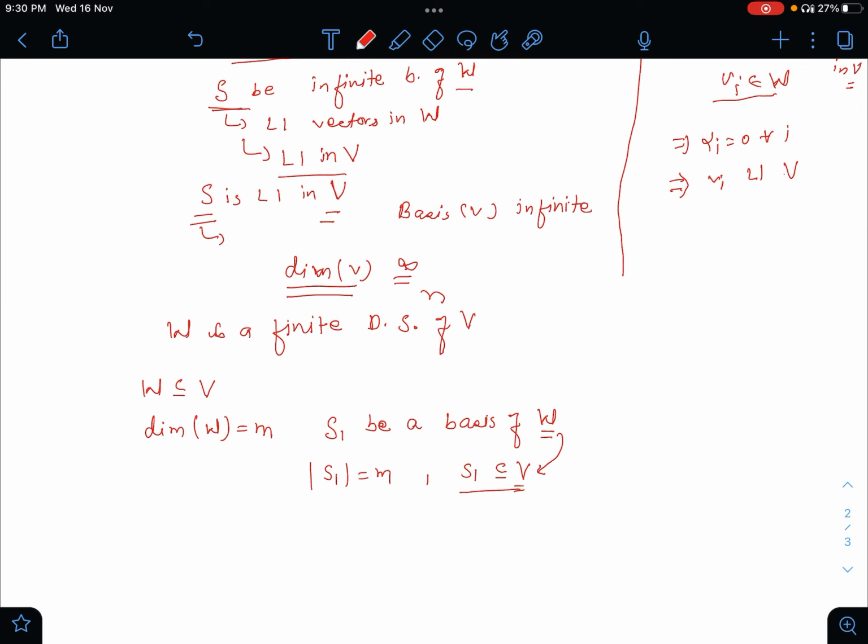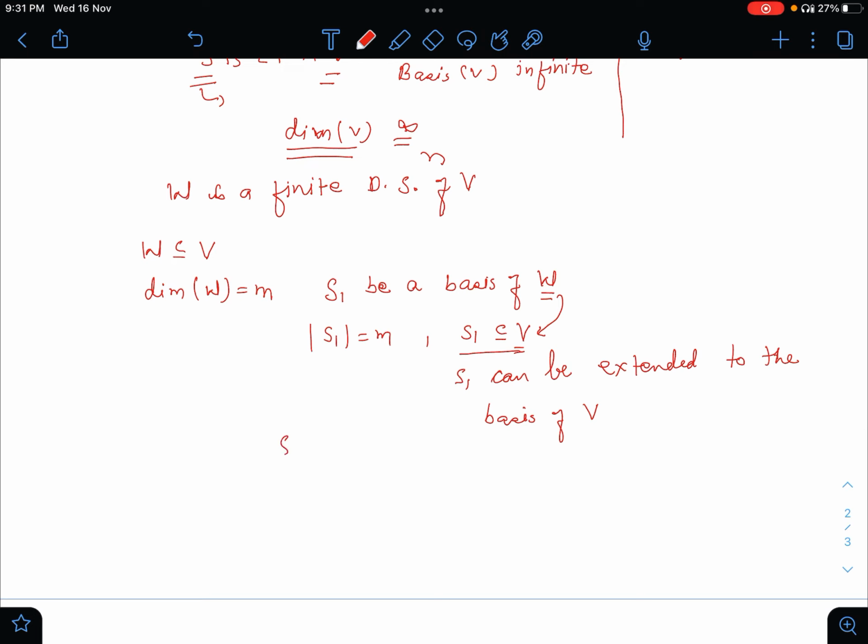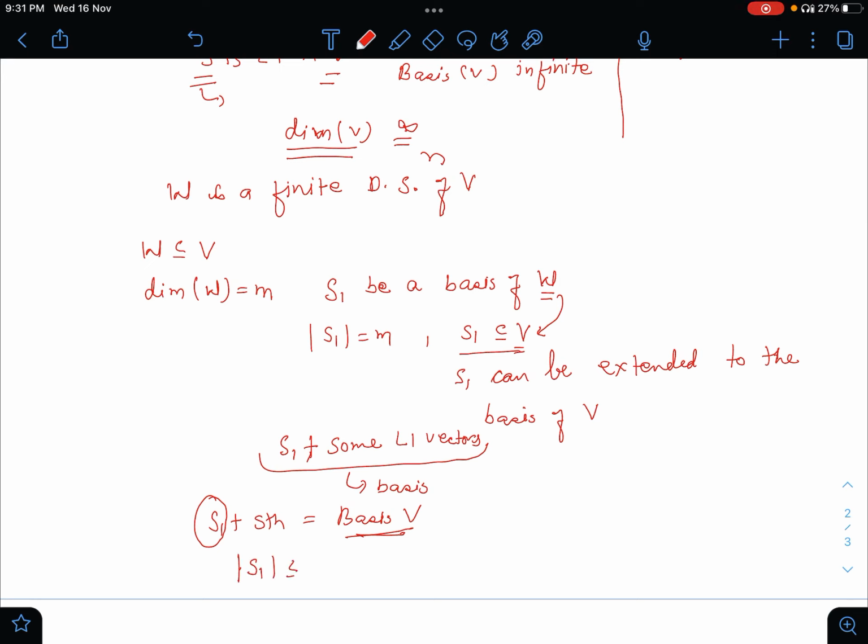From the extension theorem, we can say that S1 can be extended to a basis of V, which means if we add some more linearly independent vectors to S1, it will become a basis of V. That means S1 plus something will make the basis of V. Hence S1 has fewer elements than the basis of V. That means the cardinality of S1 is less than or equal to n.